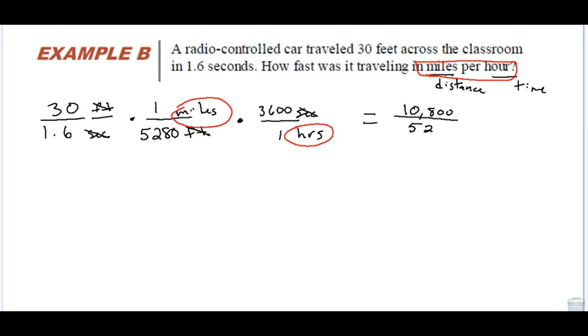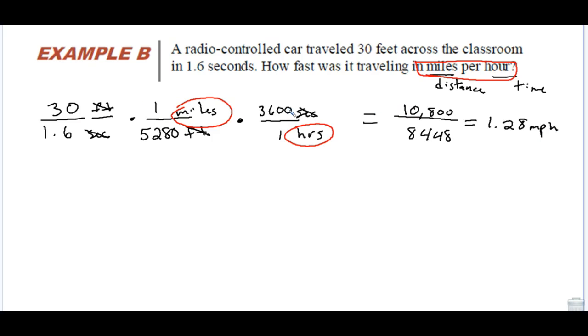So I'm going to do 1.6 times 5,280, and I get 8,448. So now I just take 10,800 and divide by 8,448, and I get 1.28 miles per hour. Alright, quick mistake.